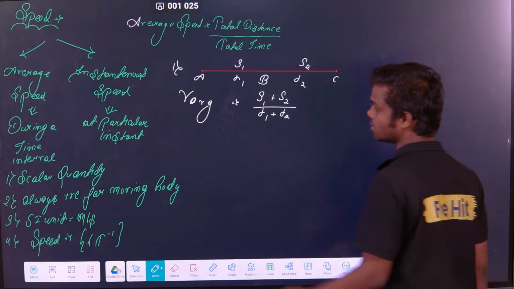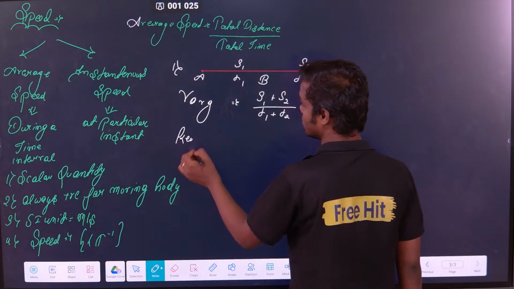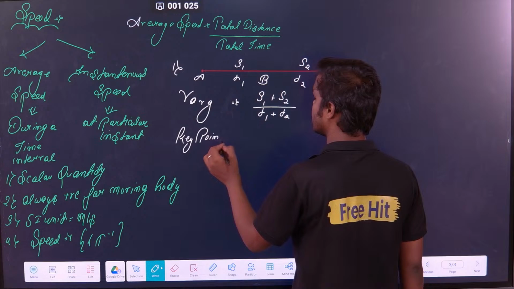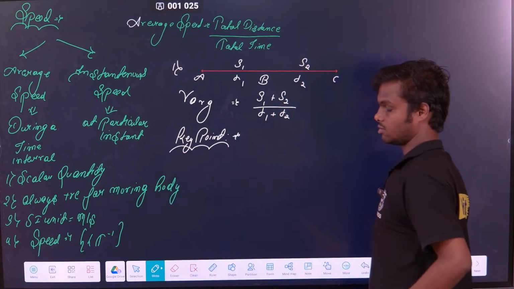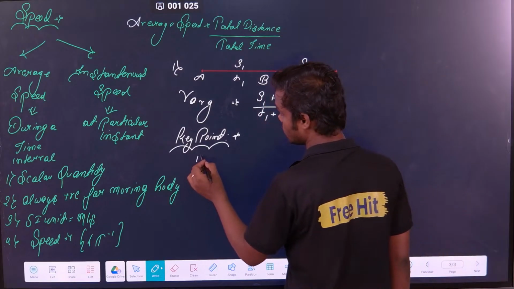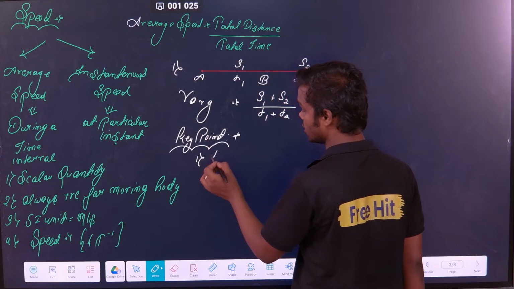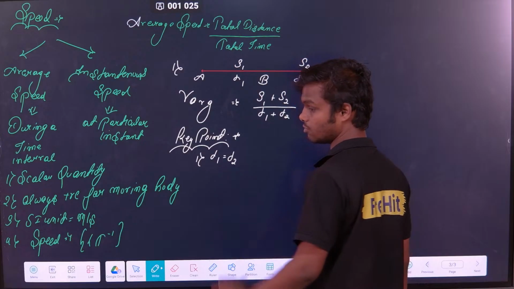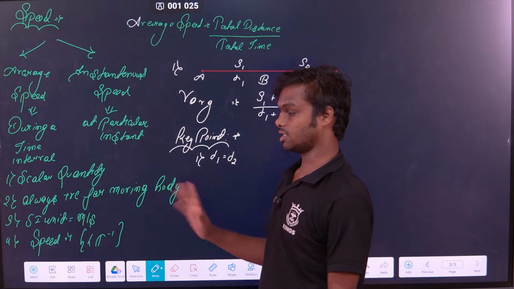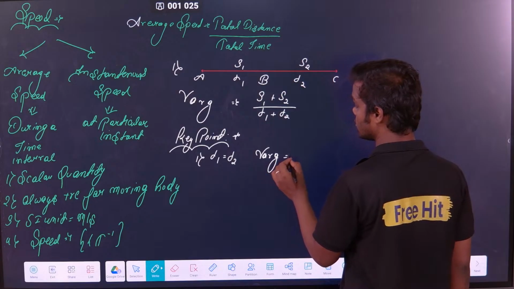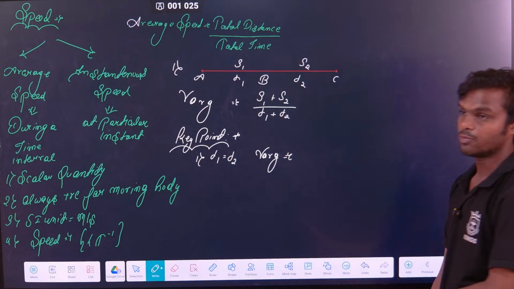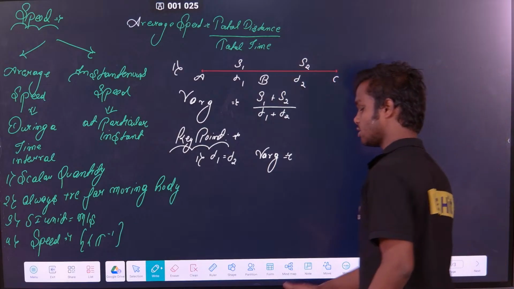Correct. Next is key points. What are the key points in this case? First important case, suppose my T1 is equal to T2. Suppose my time is same, then in that case my V average will be how much?